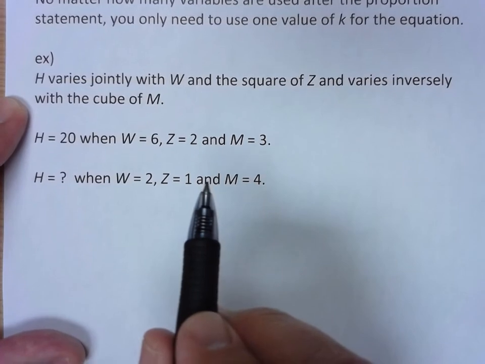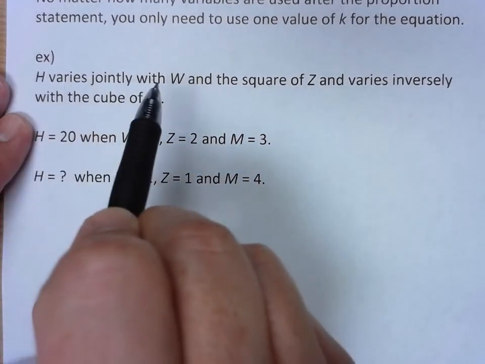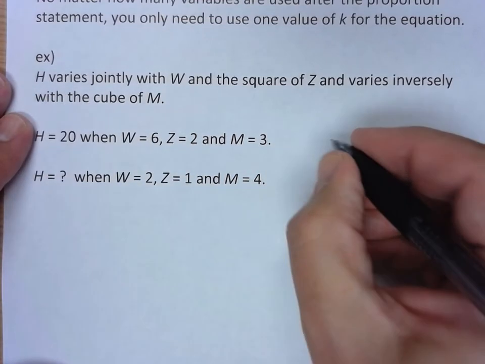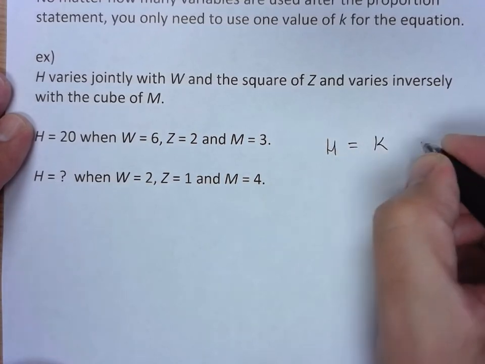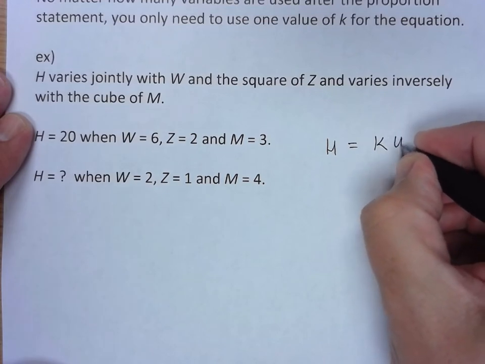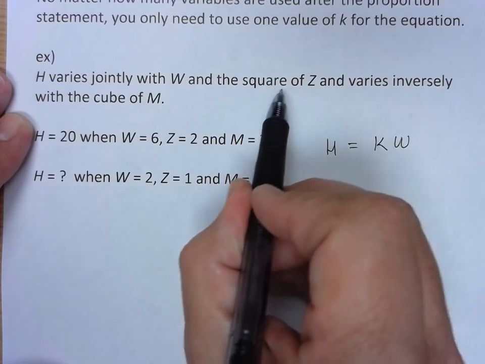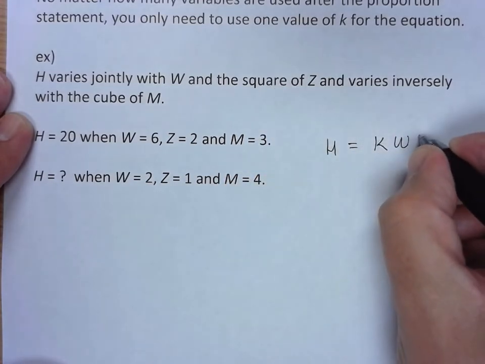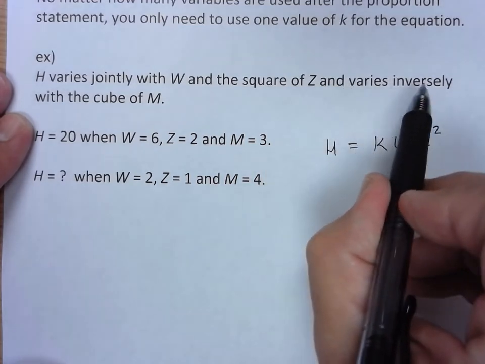And according to what's read from left to right, it says h varies jointly with, so just the h in those next 3 words right there tell us that h equals k times, varies jointly with w, okay, so h equals k times w, varies jointly with the square of z, square, not square root, so that means h equals k times w times z squared, and varies inversely.